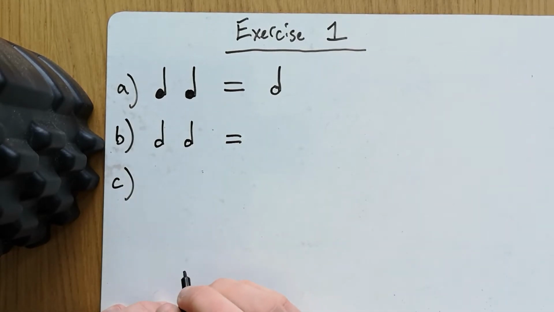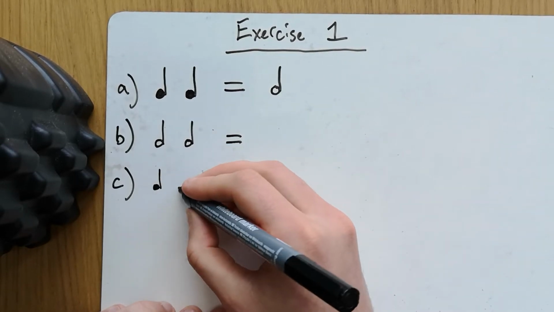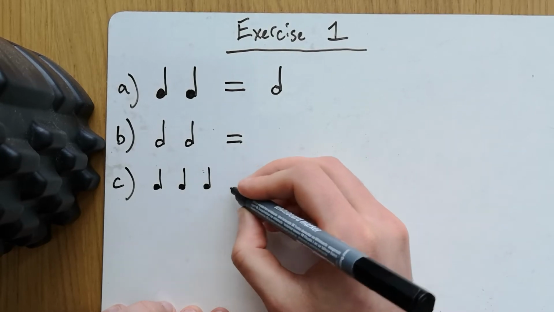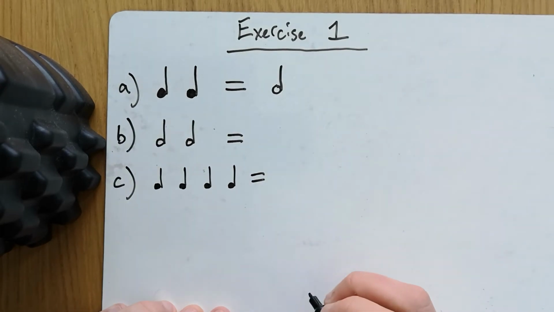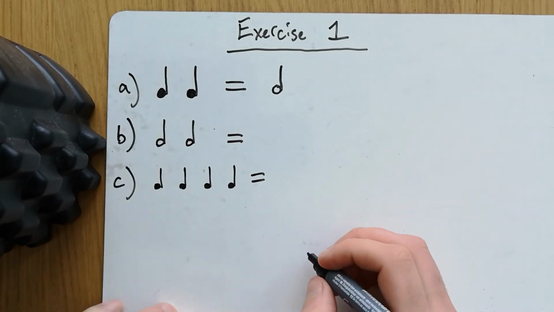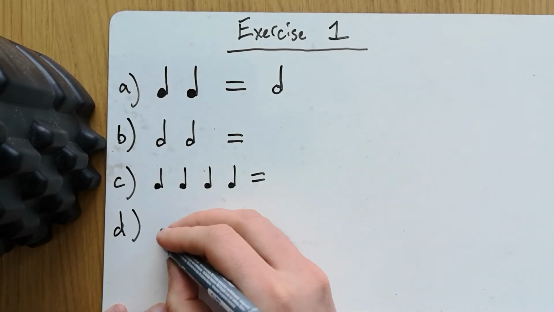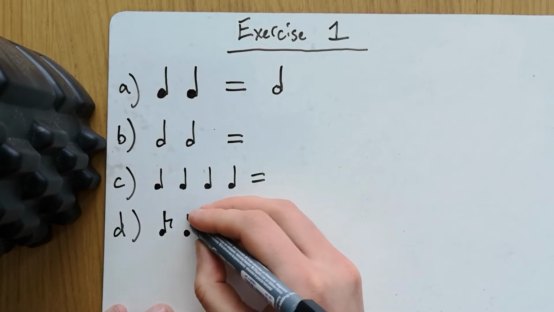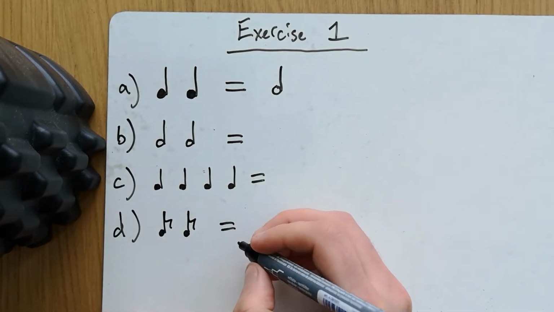C, 4 crotchets is equal to what? D, two quavers is equal to what?